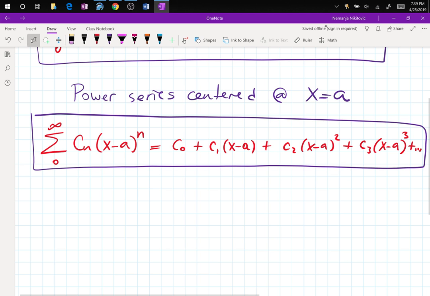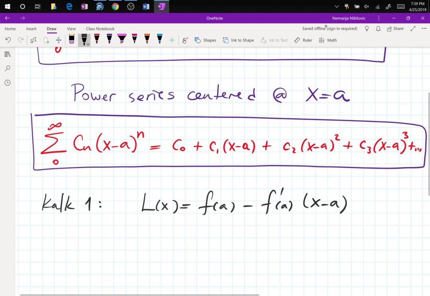You already know the first two-term approximation because you took Calc 1 and you learned linearization in Calc 1. What you learned in Calc 1 is L of x is equal to f of a plus f prime of a times x minus a.